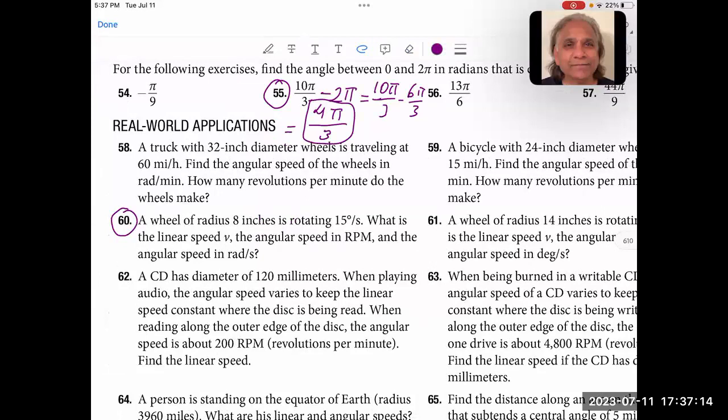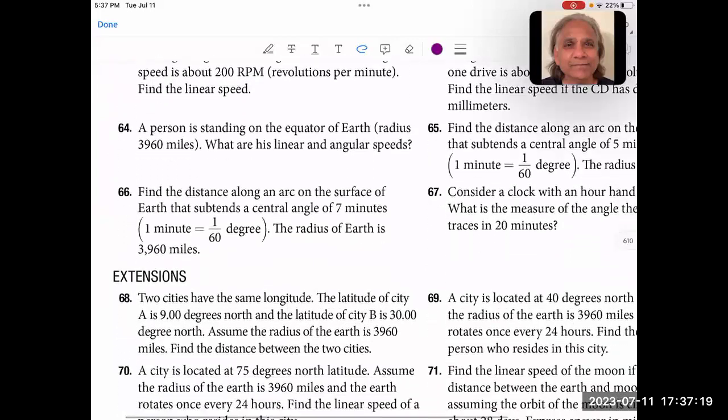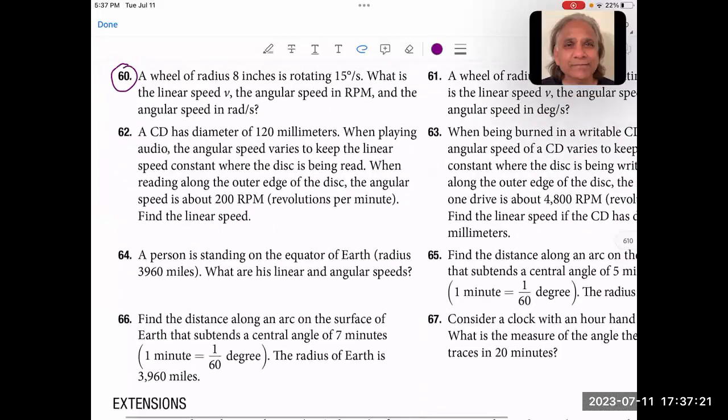Now, when we use this equation, S equals R theta, we are supposed to measure theta in radians, not in degrees. The same thing is true for the equation V equals R omega. The units for angular speed should be radians per second, not degrees per second.